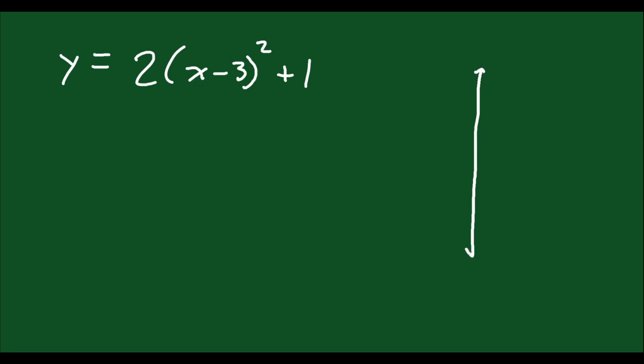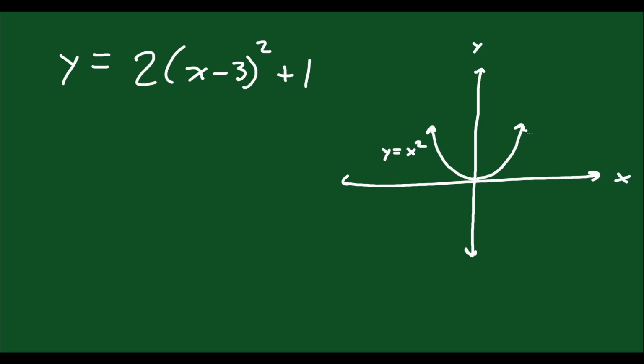Let's say I have y equals 2(x minus 3) squared plus 1, and I want to graph this. Well, what I can do is start off by graphing the parent function. The parent function is just the original y equals x squared. So y equals x squared, I'll just label it like that. And let's say I want to do this one step at a time.